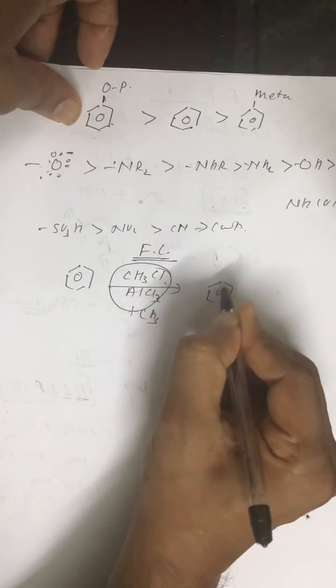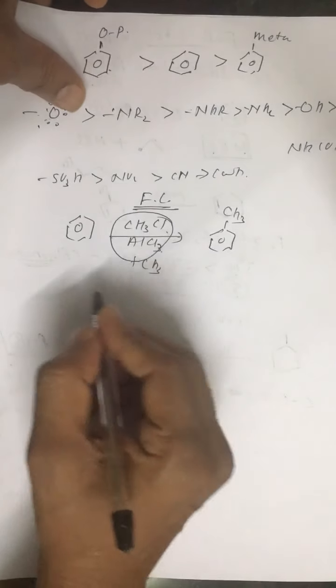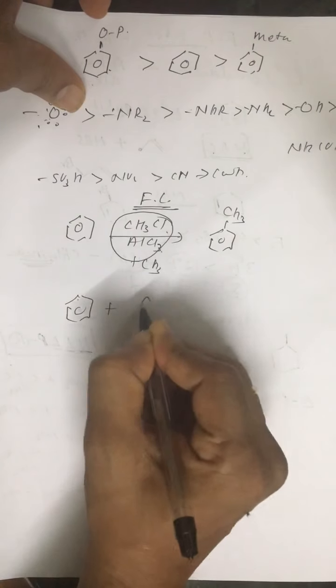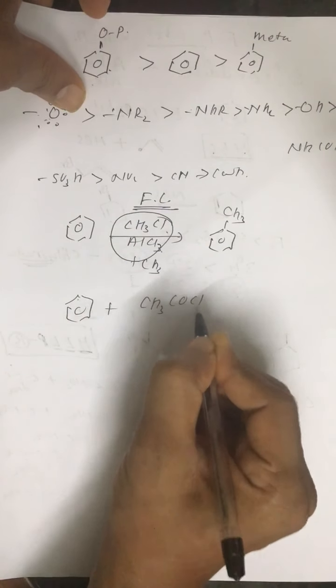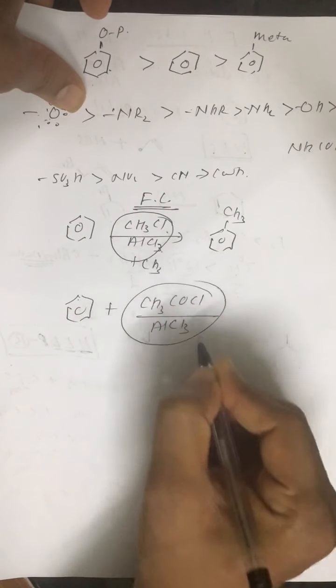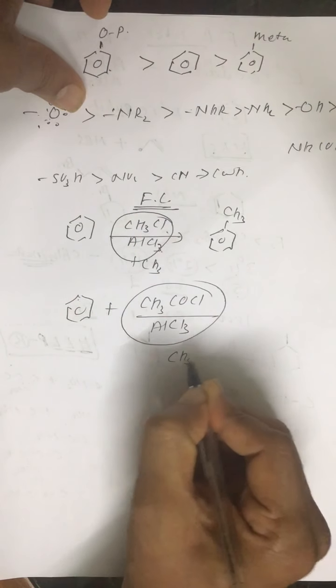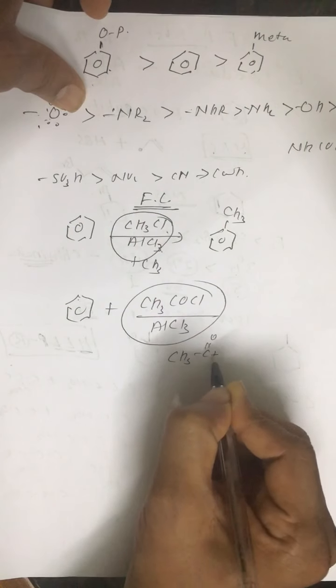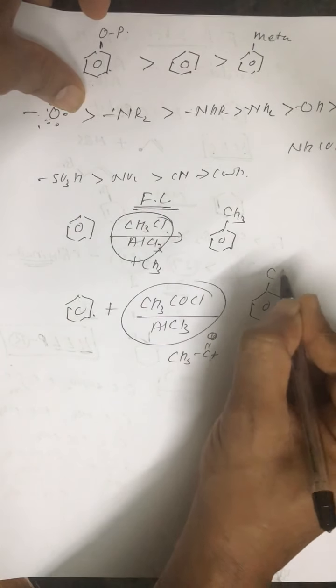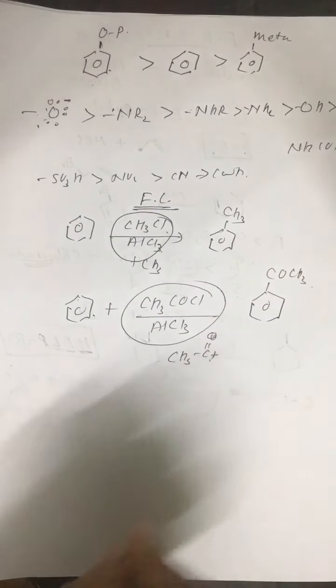So obviously we get toluene. Or it is acylation, that is acylation of benzene with CH3COCl in the presence of anhydrous AlCl3. This combination produces CH3CO positive, and this gets substituted over the benzene ring, and we get acetophenone, like that.